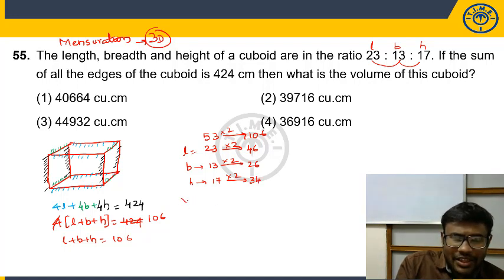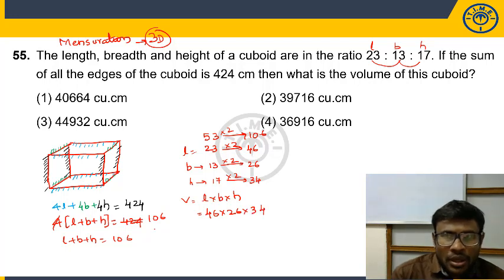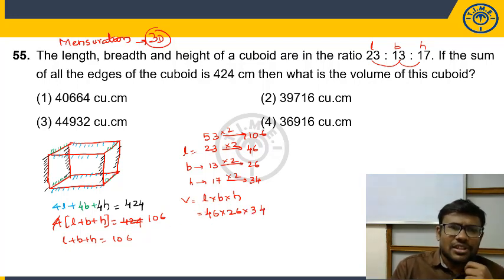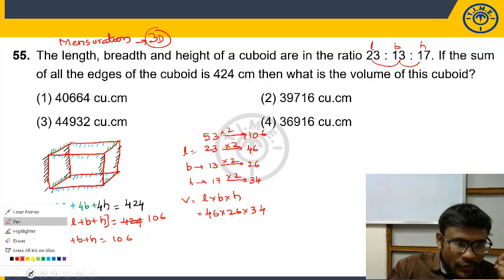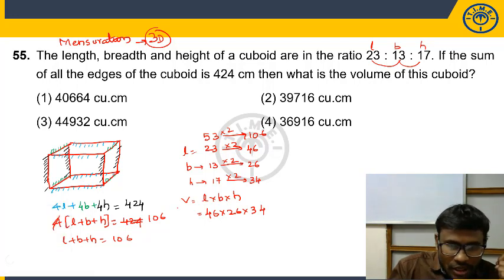We have to calculate the volume, that is length into breadth into height. So it is 46 into 26 into 34. Obviously a bigger calculation, but what we do is we try our unit digit method. We only multiply the unit digits. 6 into 6, the unit digit is 6.